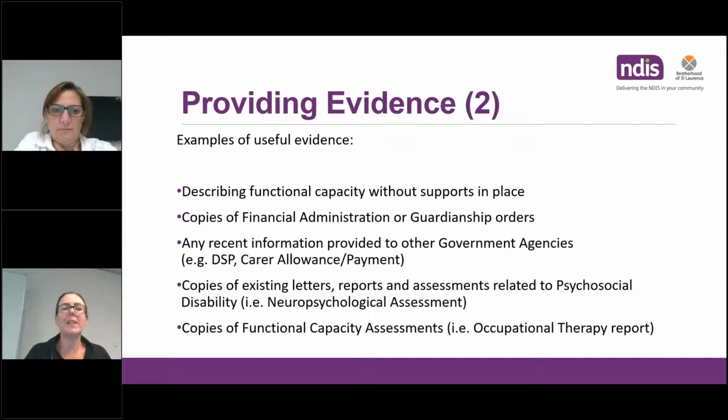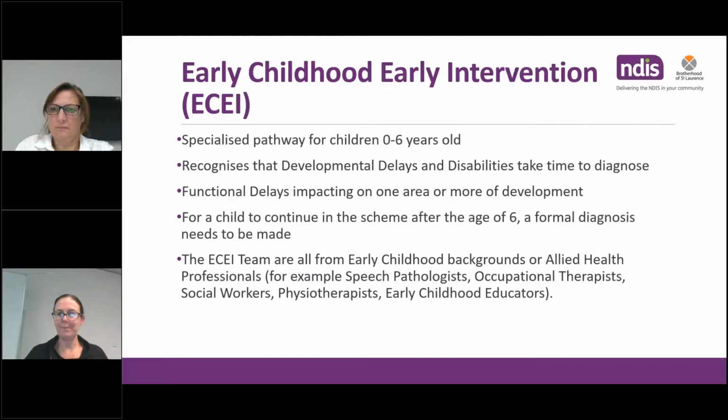If you've completed any other reports or information, for example, disability support pension or carers allowance payment, some of that information can be helpful and already available from your own records. Again, copies of any assessments, reports or other information that the person's happy to provide, and any functional capacity assessments that have been completed.